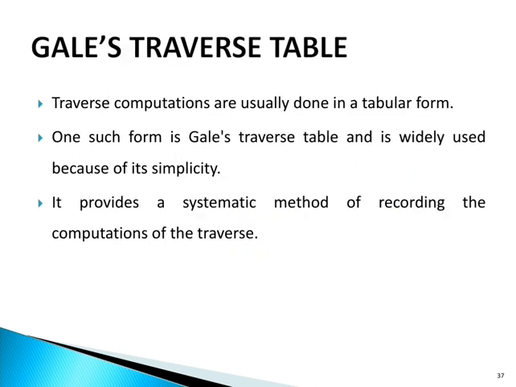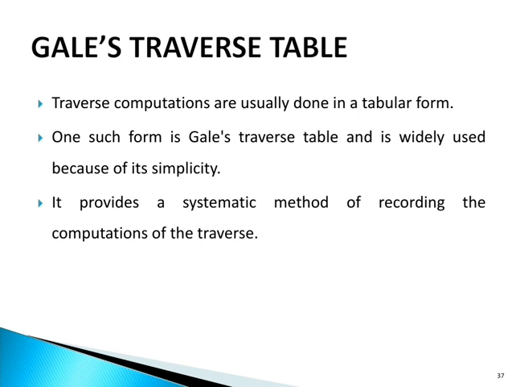Next we are going to understand the Gale's traverse table, which is very important for your practical work, and it is also important for the sum. Traverse computations are usually done in a tabular form. One such form is Gale's traverse table, and it is widely used because of its simplicity.